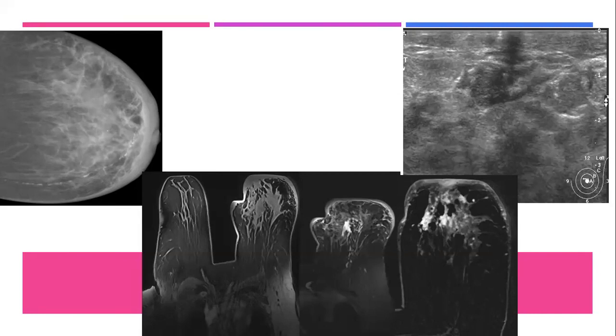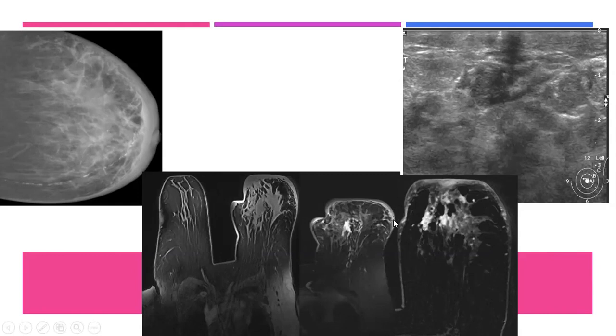But when the skin is involved and enhanced, it indicates that the skin is being involved. And if you look here, you see some tubular structure, vascular structure going into the skin, enhancing with adjacent more enhancement.